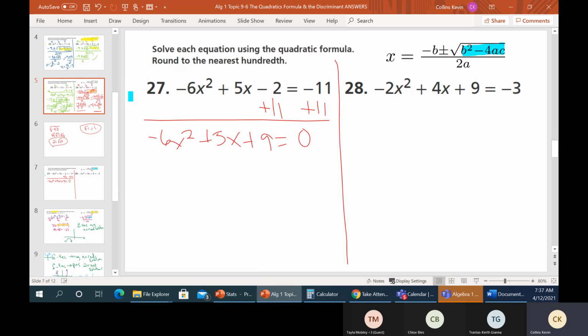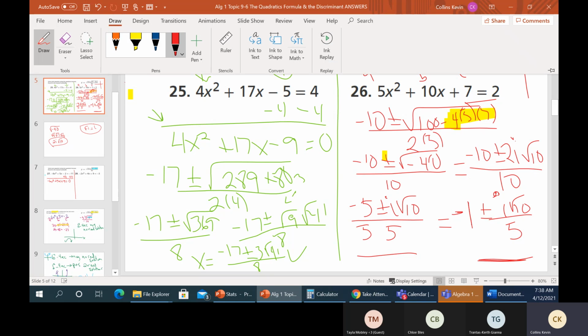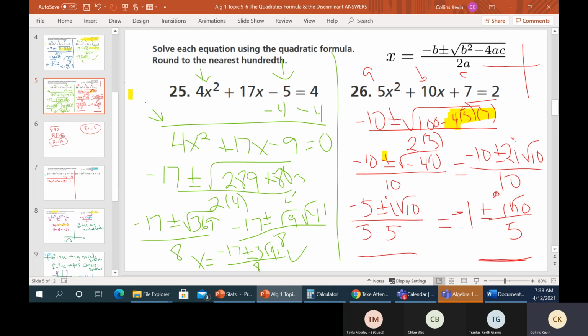So what this answer means here with the i in it, that means there are no real solutions. There are imaginary solutions, or sometimes they're called complex solutions. No real solutions means, basically, a quadratic graph is U-shaped, right? So in this case you're going to have a quadratic graph, and positive x squared means it's going to be a U-shape, a right side up U. But then it's never going to touch the x-axis.